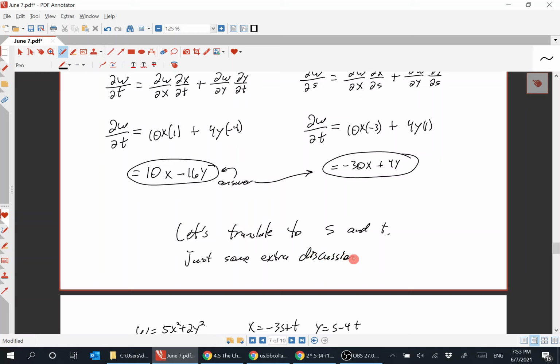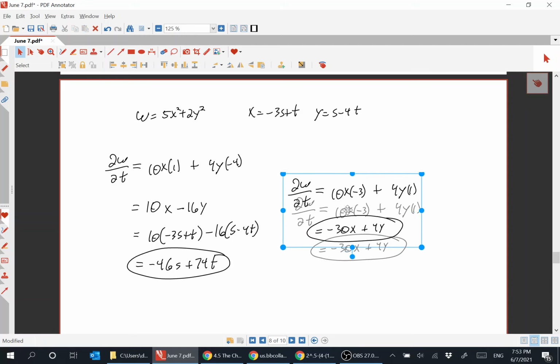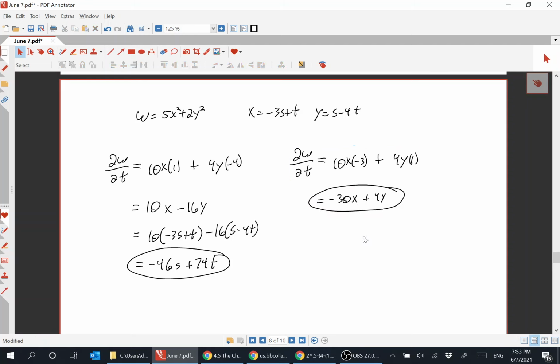I'm not going to ask you this on the exam, but let's actually calculate these partial derivatives directly by translating to s and t, and then see that we get the same thing.